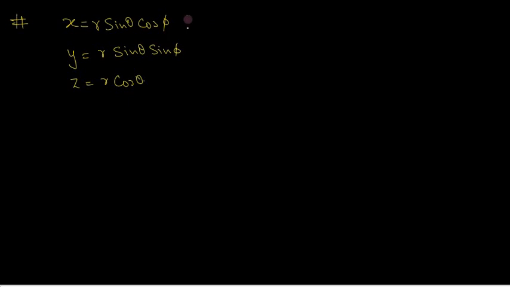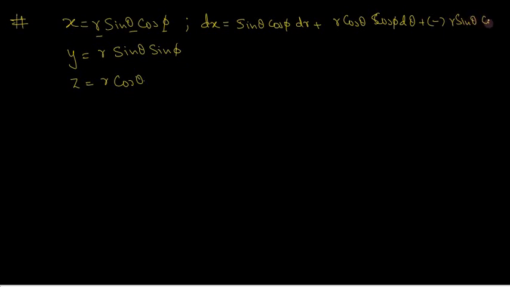So if I wish to write dx, your dx will be basically the differential of these three. Let's differentiate. Let us start with r. So this is sine theta cos phi dr plus, then again differentiation with theta, r cos theta cos phi d theta, differentiate again with phi, this is minus r sine theta sine phi d phi.